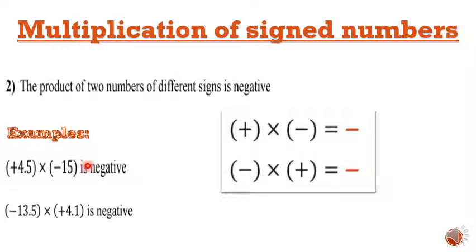So examples, whenever you multiply two signed numbers of different signs, their answer will be negative. Positive 4.5 times negative 15 is negative. Okay, so I'm finding here the signs. Negative 13.5 times positive 4.1 is also negative.